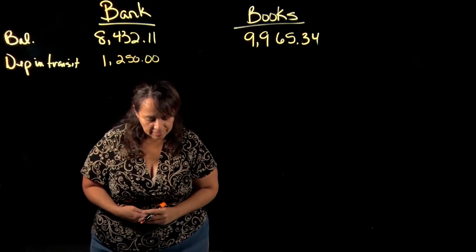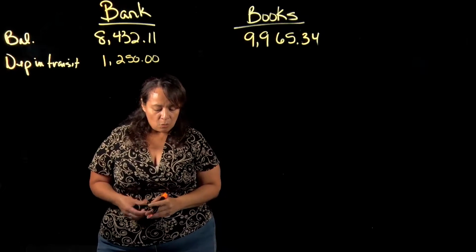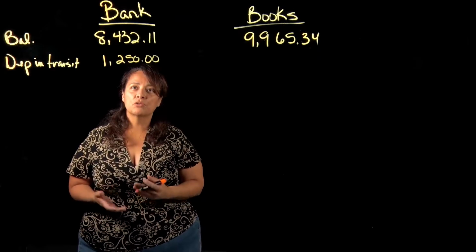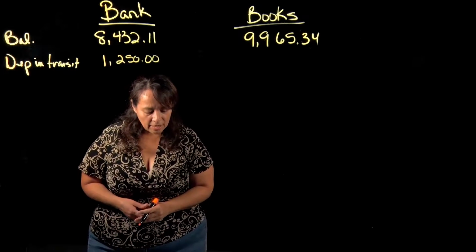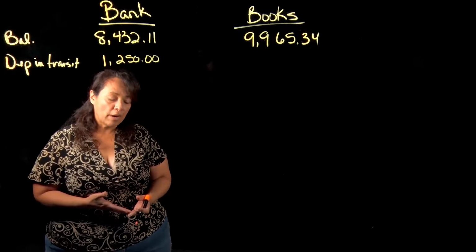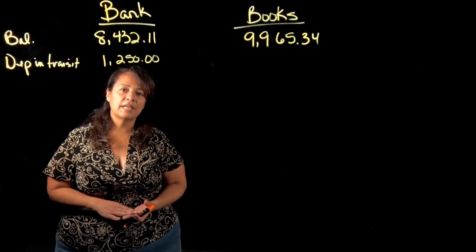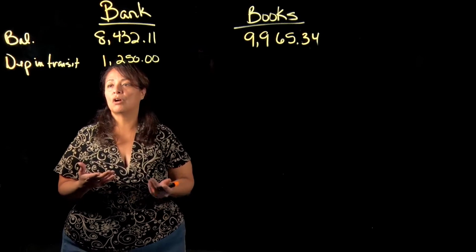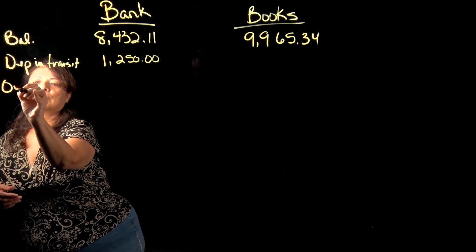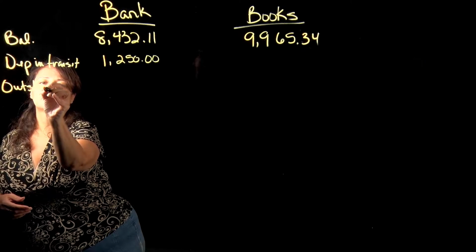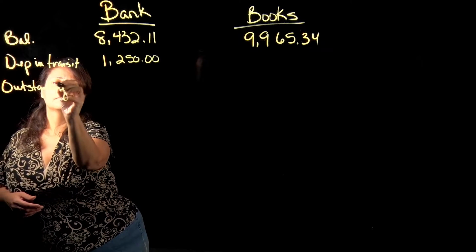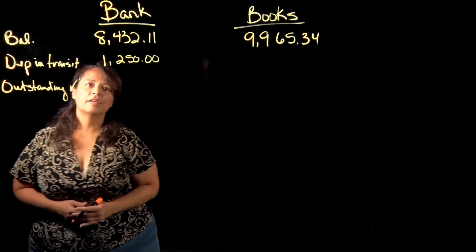All right, the next one, letter C, when we compare the canceled checks returned by the bank, according to our company records, there are certain checks that still remain outstanding at the end of the month. So we call those outstanding checks. All right.